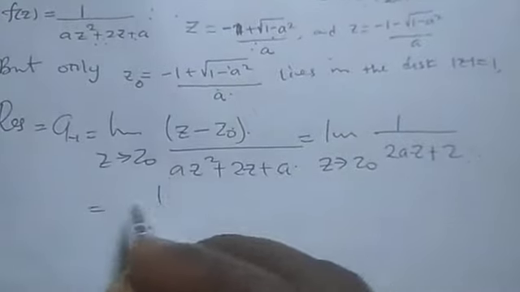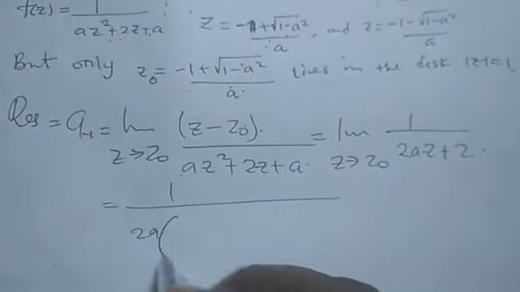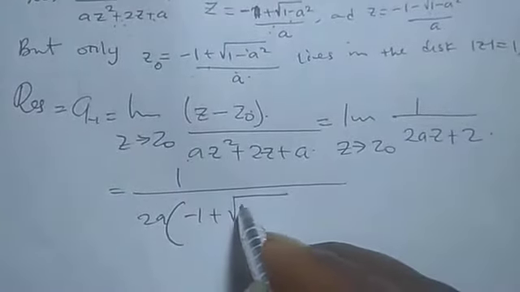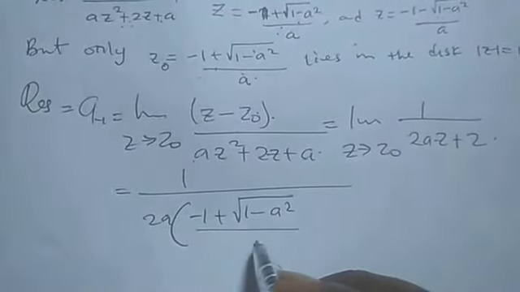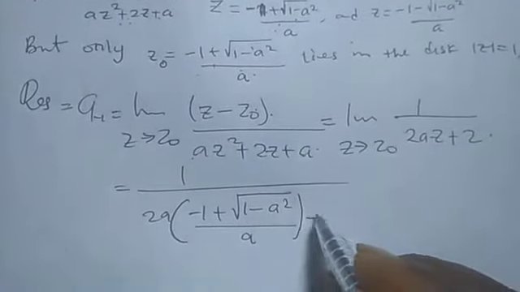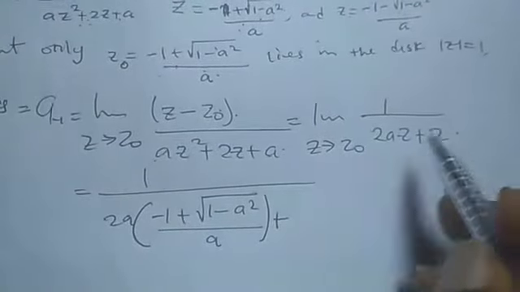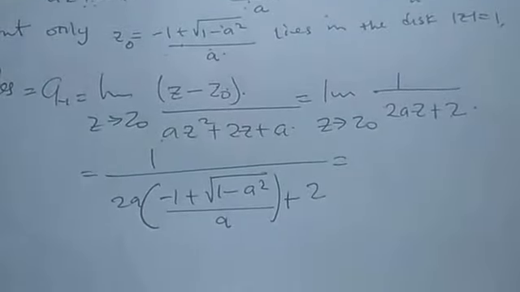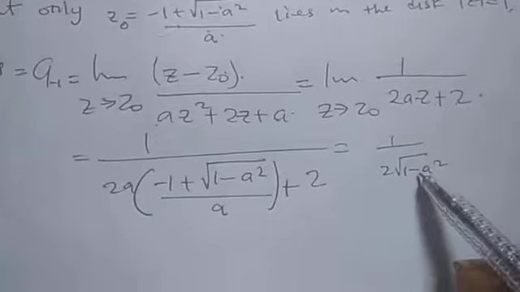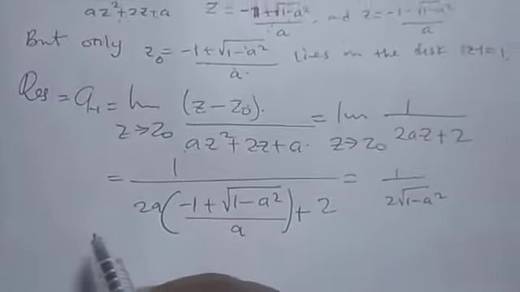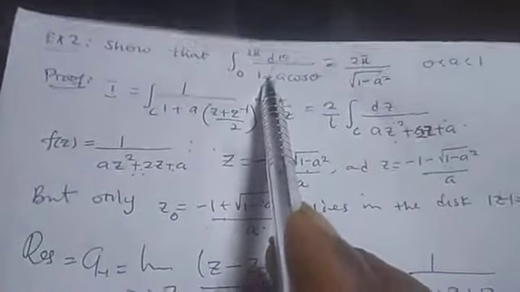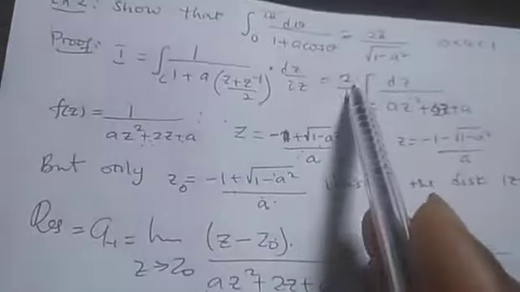So from this place, we can now substitute the value. The value of z is minus 1 plus root of 1 minus a squared over a, plus 2. Which, if we simplify, we are going to get 1 over 2 root this. When we simplify it, now our integration, I've used I to represent it, will be equal to, there's 2 over I here.